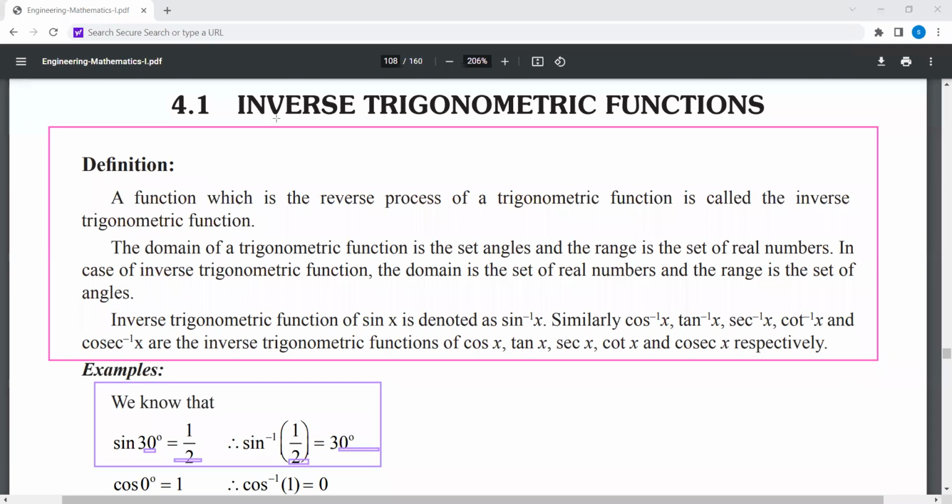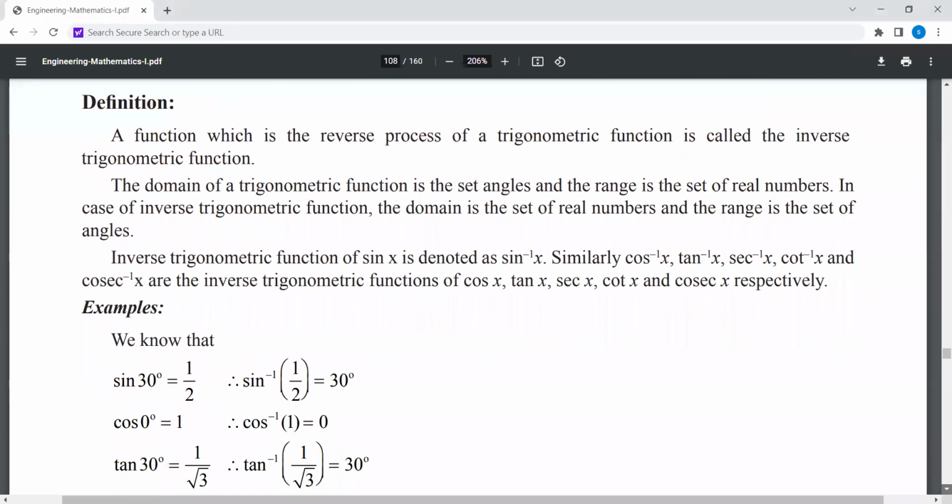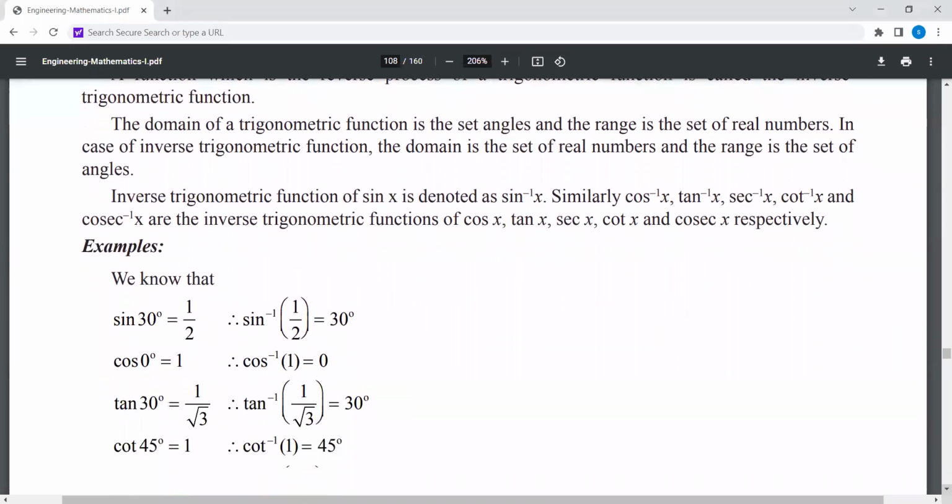Next. Cos 0 degrees is 1. Cos inverse of 1 is the angle 0.